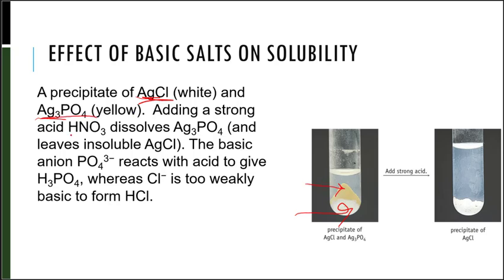When I add a strong acid, nitric acid, it dissolves the silver phosphate and just leaves the insoluble silver chloride. That basic anion, the phosphate, reacts with acid to give phosphoric acid, but that chloride is too weakly basic to form hydrochloric acid.